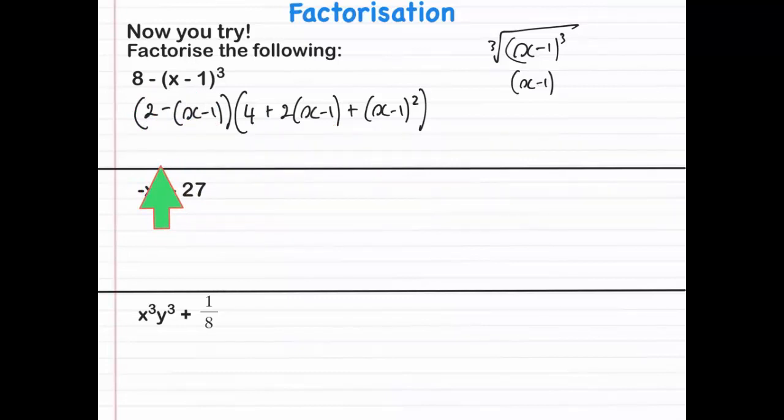Let's multiply. So now we get the following: 2 minus x plus 1, and this will be 4 plus 2x minus 2. And now I have to multiply that out with a product of two binomials, and I'm going to do that quickly too.